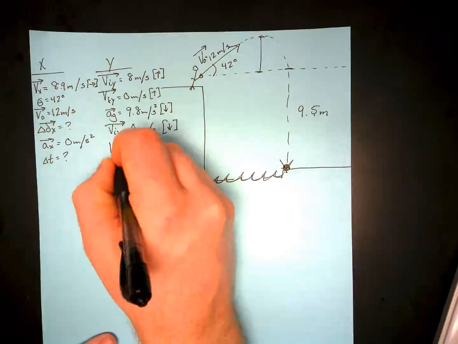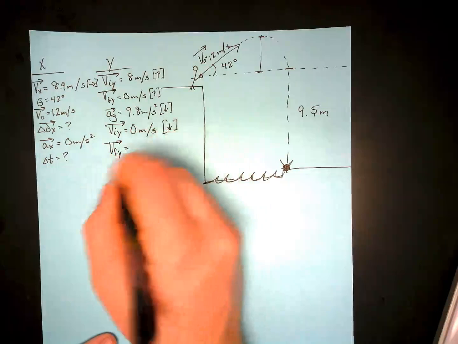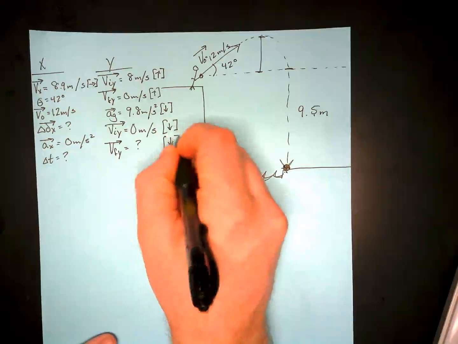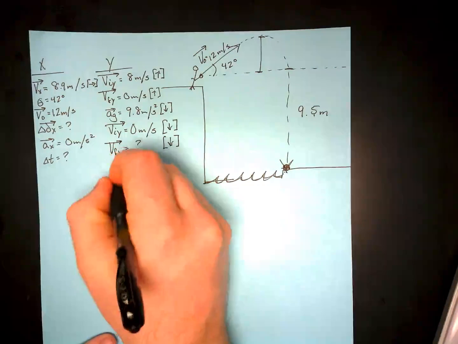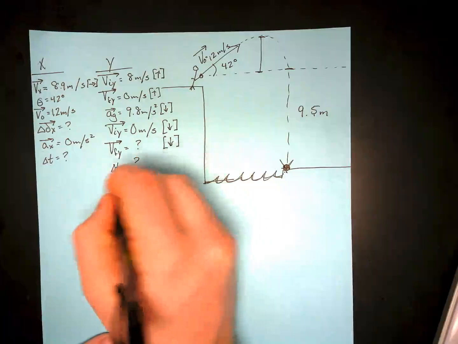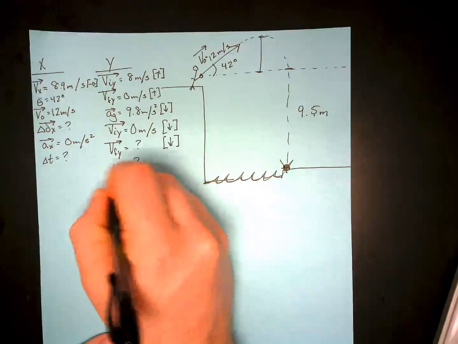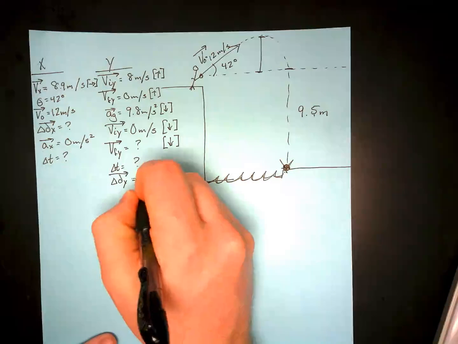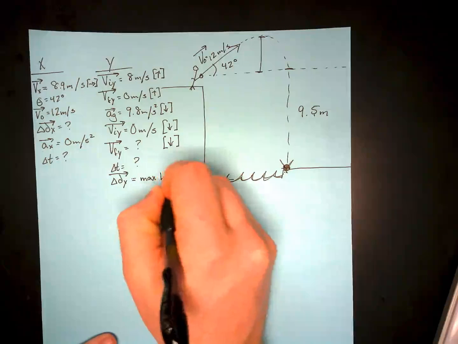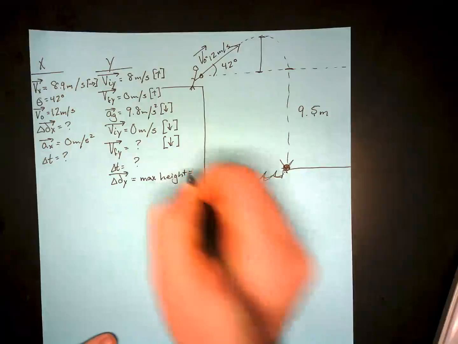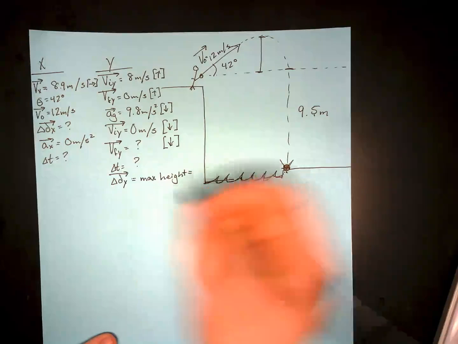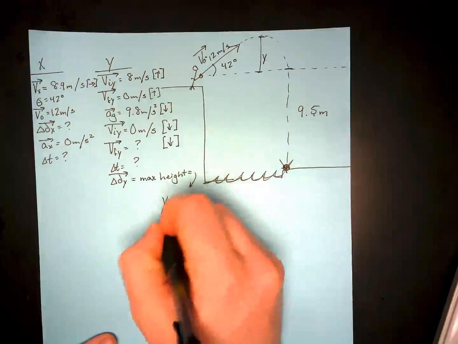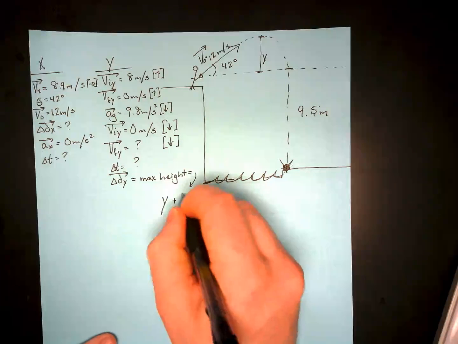We don't know what the final y velocity is yet, but that's also going to be in the downwards direction. We are trying to define time, and we're going to say that this is max height, which is going to be equal to y plus 9.5.